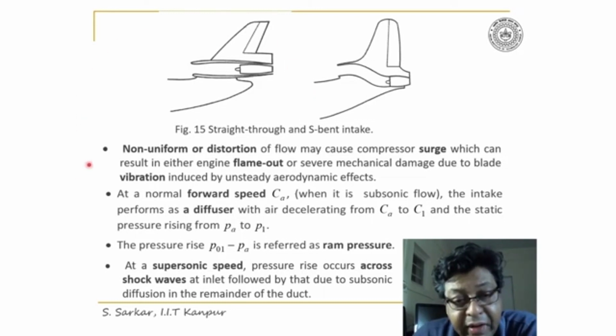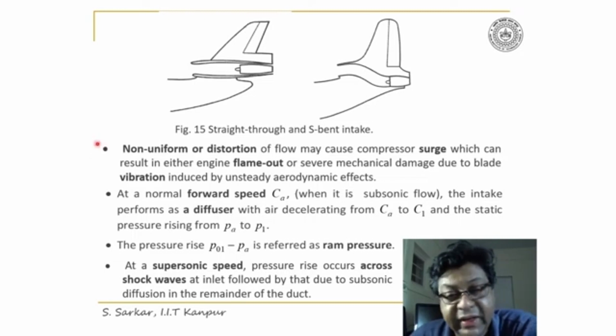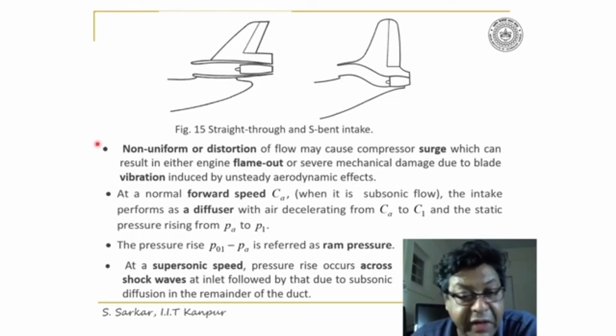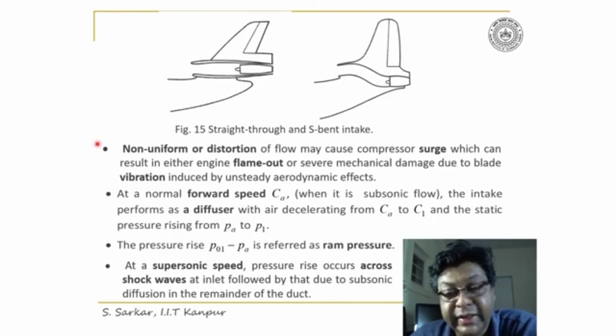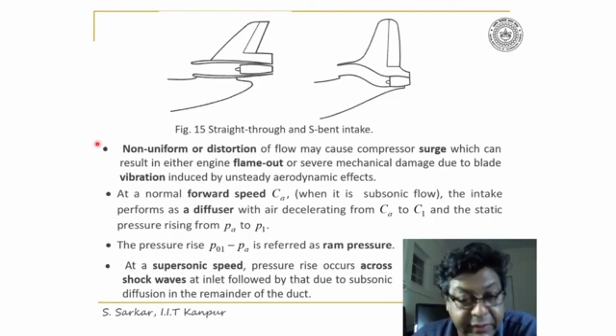Thus, I have given information here stating that the non-uniformity or distortion of flow may cause compressor surge, which can result in either engine flame out or severe mechanical damage due to blade vibration induced by unsteady aerodynamic effects.